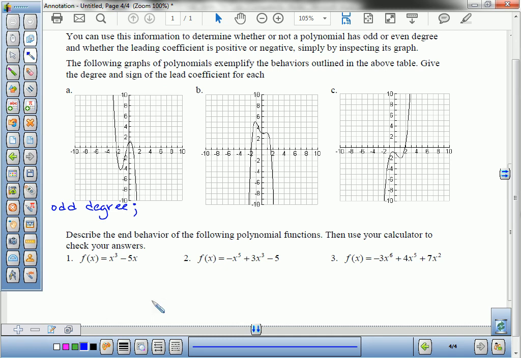And then this one, the left side is rising, the right side is falling, so it would have a negative leading coefficient. Now, we know this has 3 roots, don't we? So, more specifically than odd, we now know this one has a degree of 3.